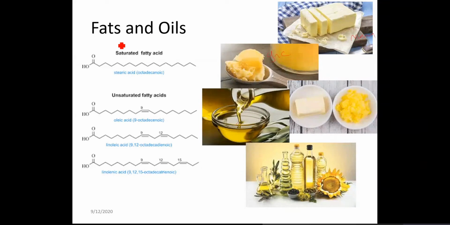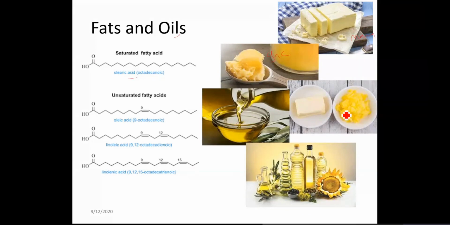So basically, fats generally are called solid, whereas oils are liquid at room temperature.